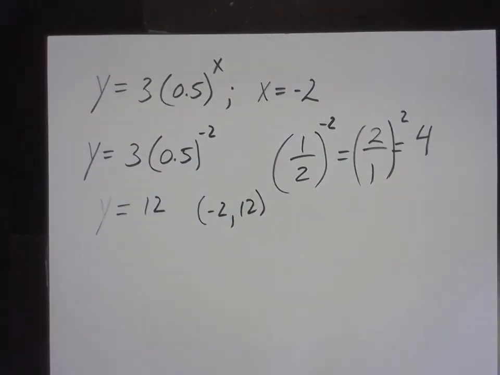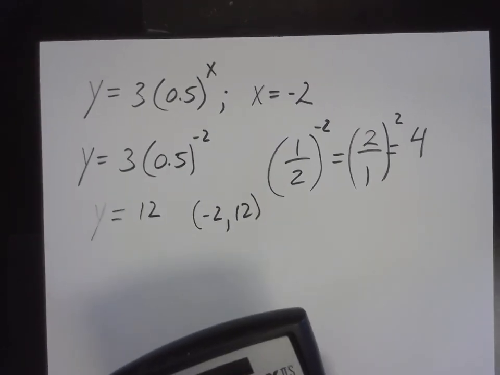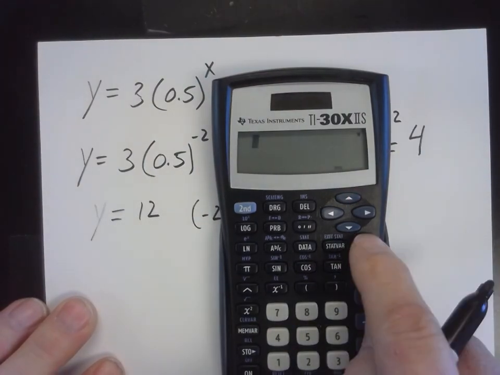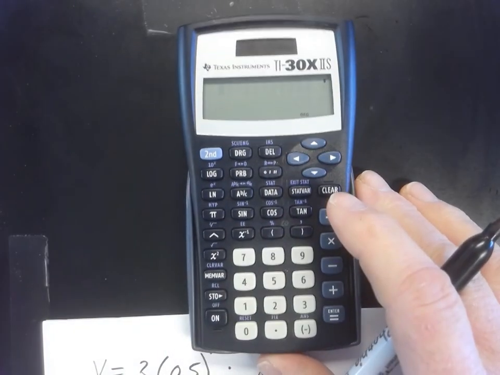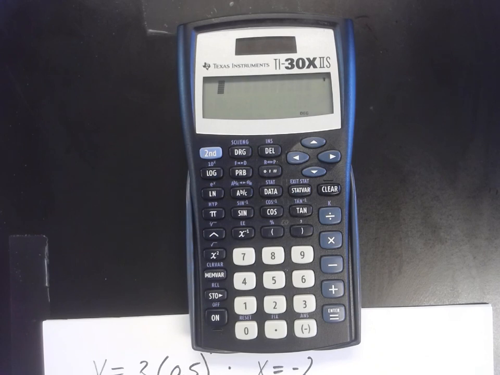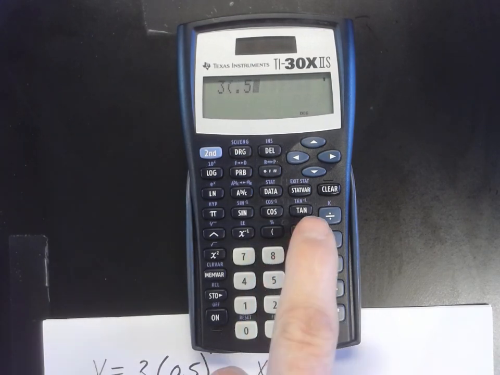Now let's try to make that work on our calculators. You got your calculators? So it was 3, and I am going to use parentheses, times 0.5 and parentheses.